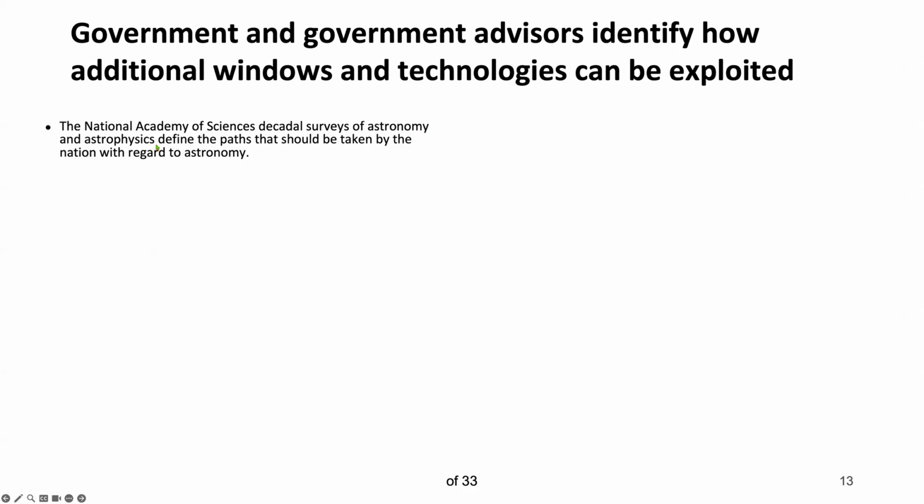And it's not just NASA who's involved in this. The Department of Energy is interested because they're interested in the subatomic world because of their interest in nuclear physics. So they're a contributor. The Air Force is interested because they're very interested in what is called space weather. Not clouds and rain. They're more interested in what is the sun doing?